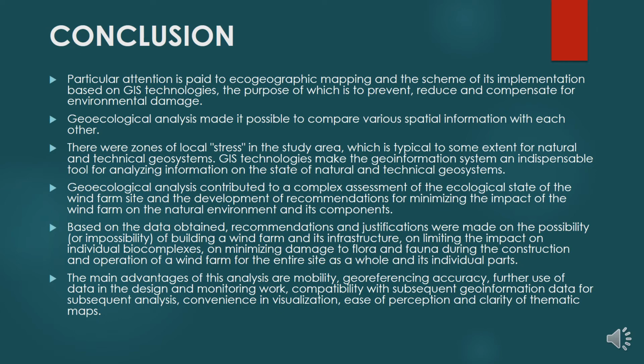Geoecological analysis makes it possible to compare various spatial information with each other. There were zones of local stress in the study area, which is typical to some extent for natural and technical geosystems. GIS technologies make the geoinformation system an indispensable tool for analyzing information on the state of natural and technical geosystems.